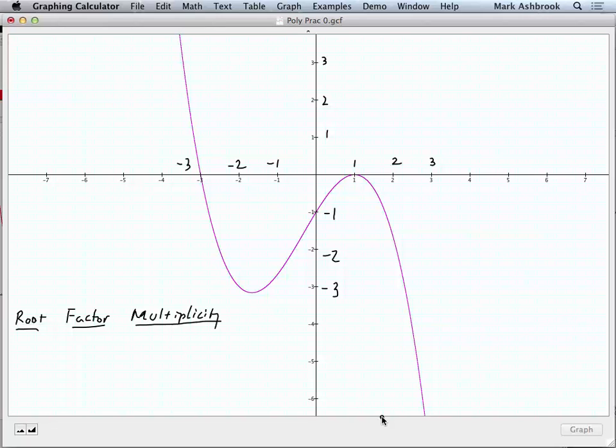Okay, so those factors and multiplicities. You can just do it all in factor form if you want. Okay.